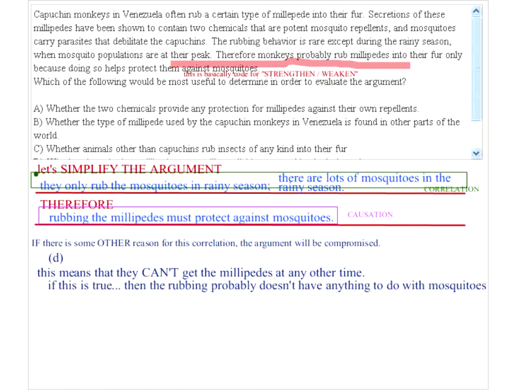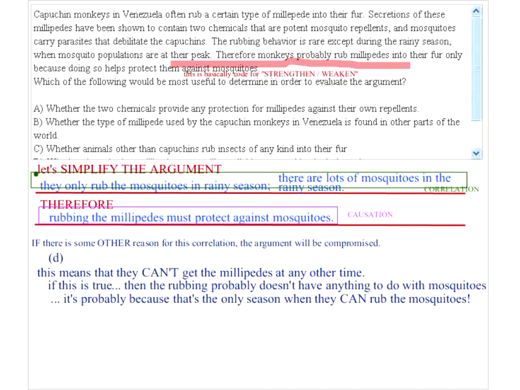It's probably just because they can't get them. It's probably because that's the only season when they can rub the millipedes. So that's going to have a substantial weakening effect on this argument. So that's a strong answer choice.